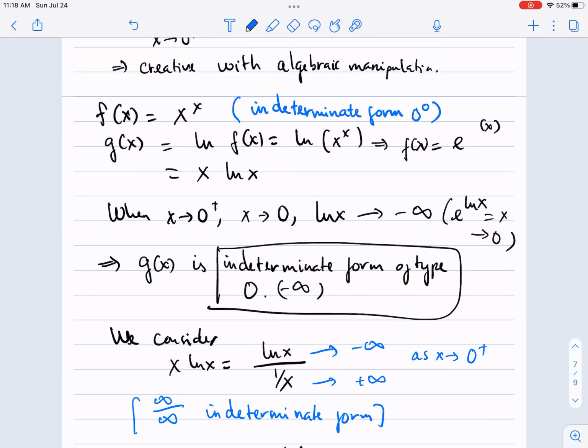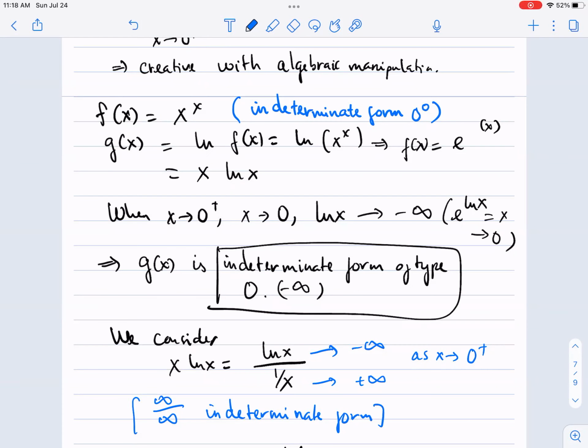And this is indeterminate form 0 to the 0. We consider the function g of x, which is the logarithm of the function f of x. And the advantage of taking the logarithm is that it's going to remove the variable x in the power part of the expression. So g of x is just equal to x times ln of x.